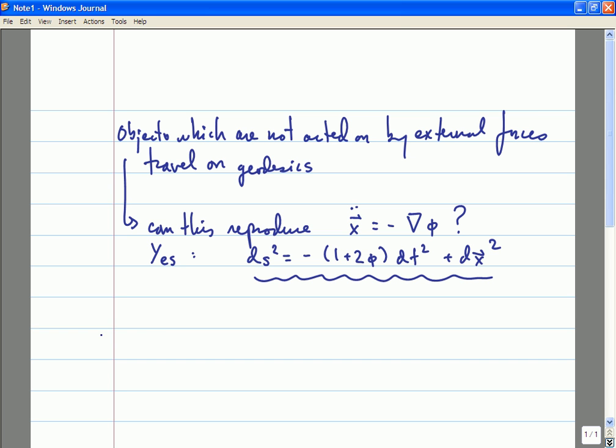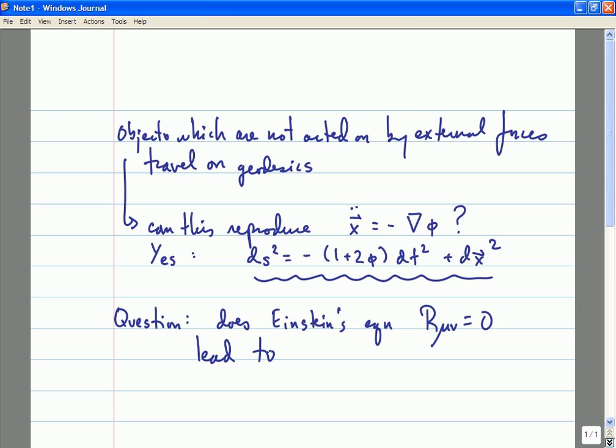So the question that we have: does Einstein's equation in vacuum lead to the equation of motion of Newtonian gravity in the limit where the metric is given by this Newtonian form that I've written here, where phi is very small? So that's one question that we would like to answer, and that we will answer today.